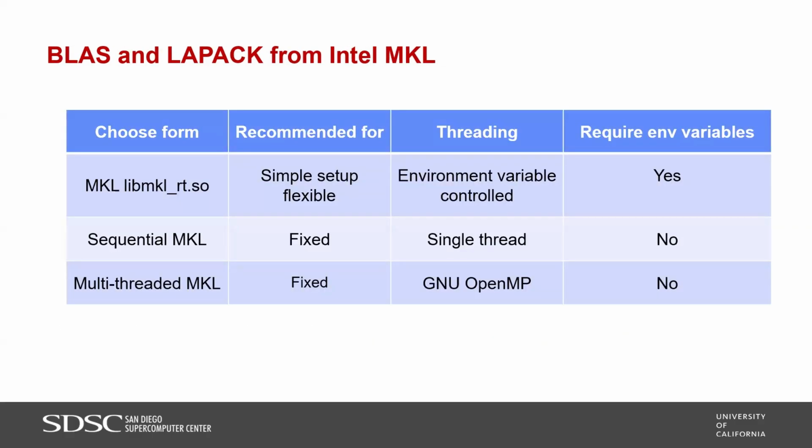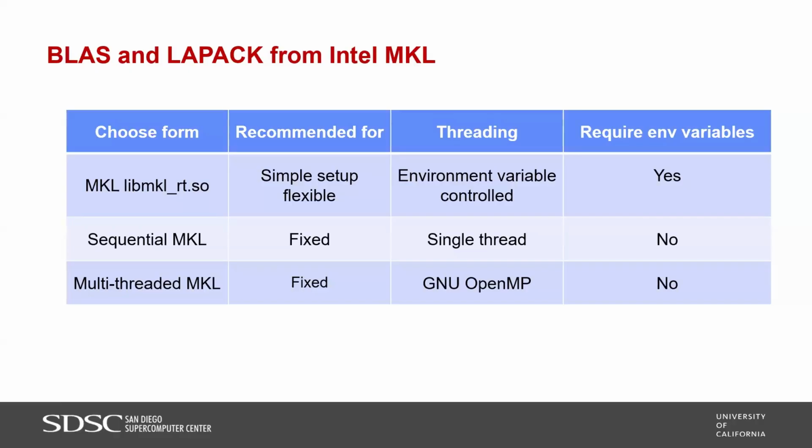Okay, let's take a quick review of the three ways to build BLAS and LAPACK from the Intel MKL. You can choose to build BLAS and LAPACK with a single MKL library, or a sequential MKL library, or multi-threaded libraries.